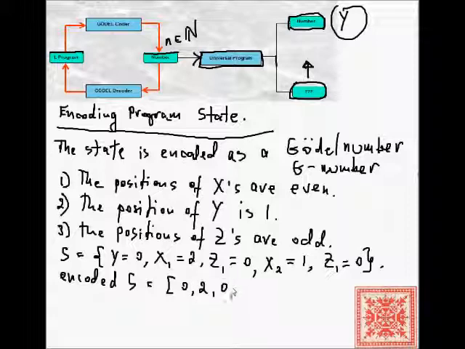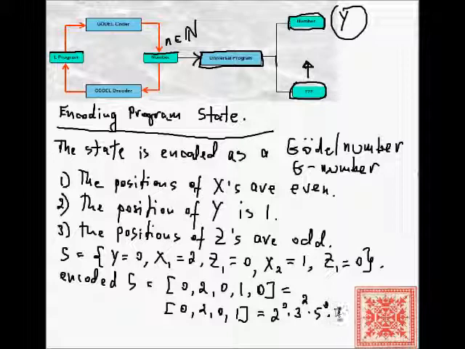Well, it's 0, 2, 0, 1, and that's equal to 2 to the 0, 3 to the second, 5 to the 0, and 7 to the first. So 3 to the second times 7 gives us 63.